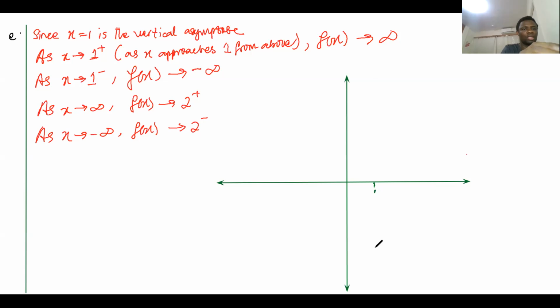And I don't have anything that can give me a dotted line from this application. Okay. How about we just do it in bits? Yeah, let's use that. Okay, so that's our vertical asymptote.